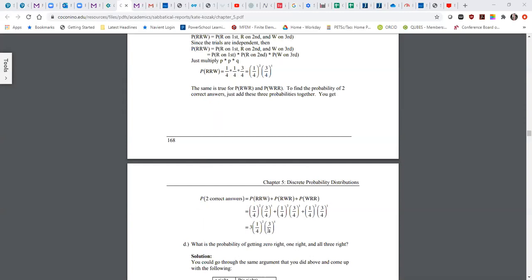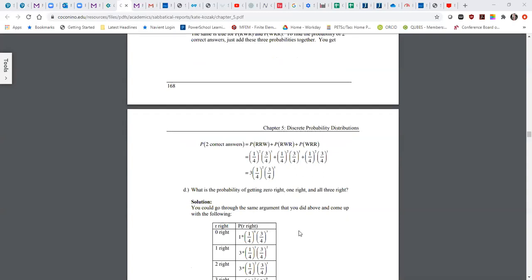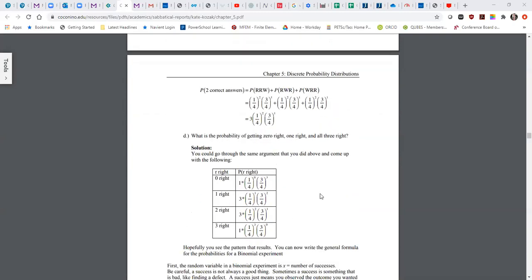So this we call the binomial distribution. So here's another example of how to find the probability of getting 0 right, 1 right, 2 right, and 3 right. Okay.